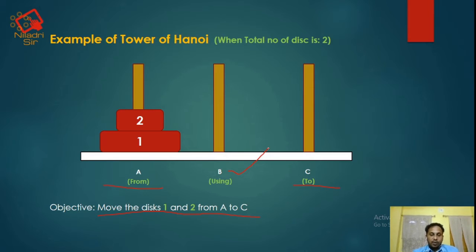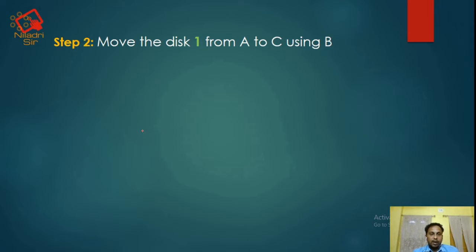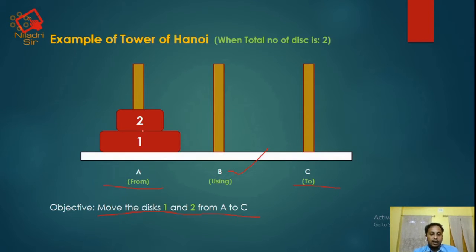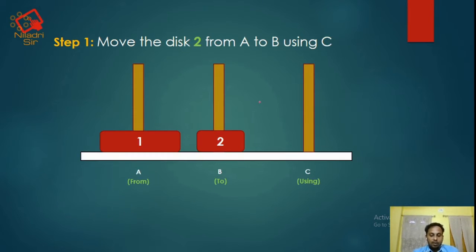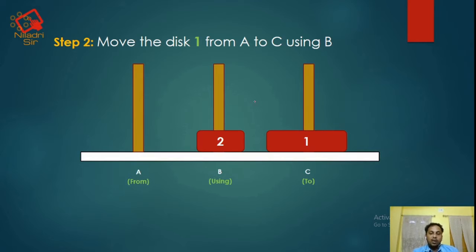So what is step 1? Step 1 is to move disc 2 from A to B. We have just put this disc from A to B. Next, we move disc 1 from A to C. We put it from this position to this position.